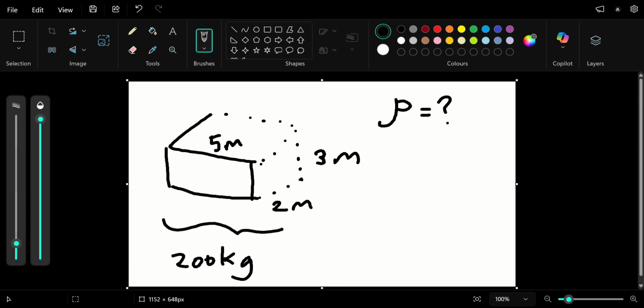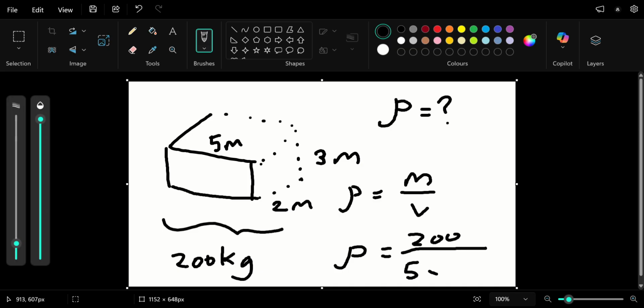Now you can approach this question, pause the video, and come back. Okay, now we're going to be simply using the formula. Density is mass over volume. So in this case we have a mass of 200 kilograms.